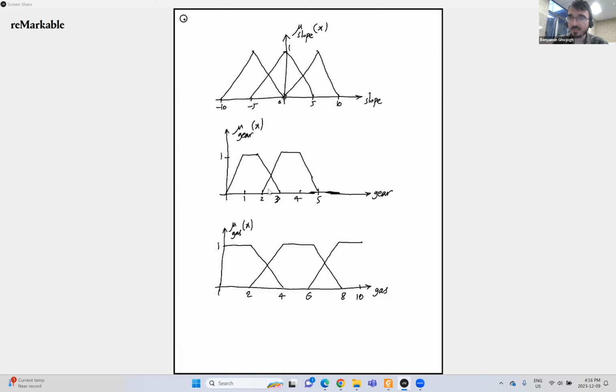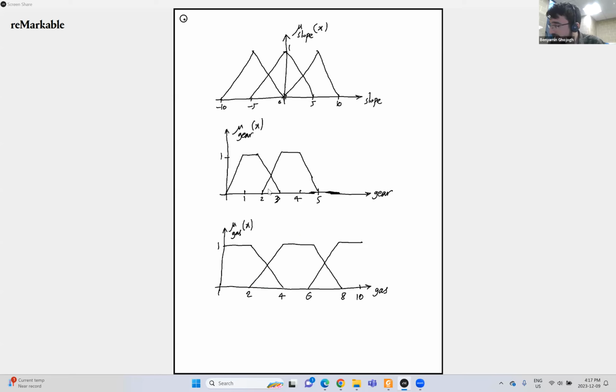But in practice, it's not known a priori, right? So you say, okay, let me use a triangular membership function here, or move it a bit there, and for this I use trapezoidal, three trapezoidals, or one might say I use Gaussian.